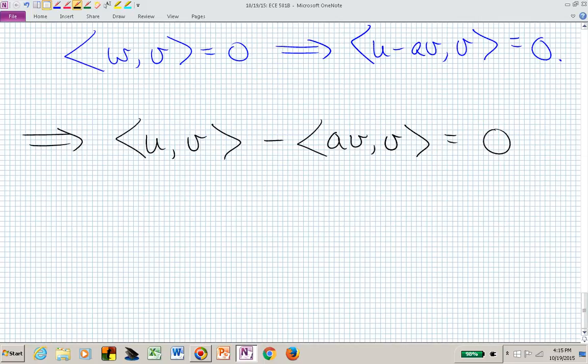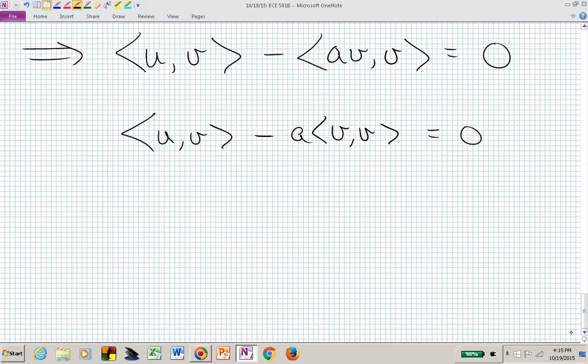But homogeneity in the first slot allows us to slide a out, and the inner product of v with itself is just the norm of v squared. And we can now solve for a.